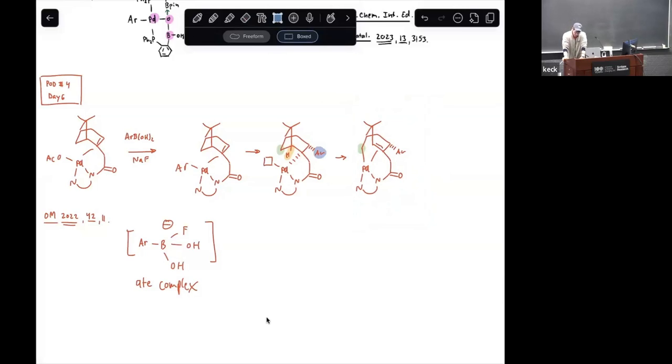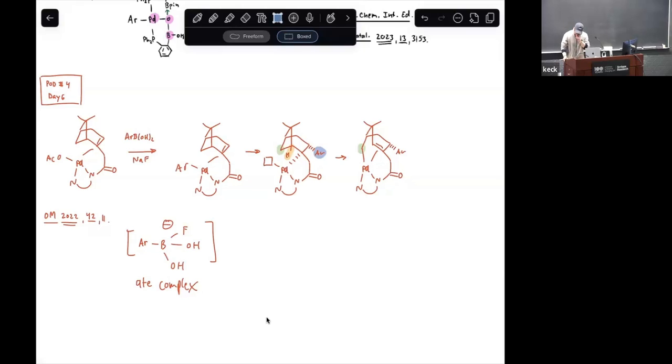Now even hypothetically, if it wanted to do anything else, it's this tetradentate coordinate structure, pretty rigid. There's a big energetic penalty for this to do anything other than just stay like this. I think in our own hands, we found that you really have to push it to do anything. If you treat with molecular iodine, for example, you can convert the carbon palladium bond to a carbon iodine bond, but not much else.